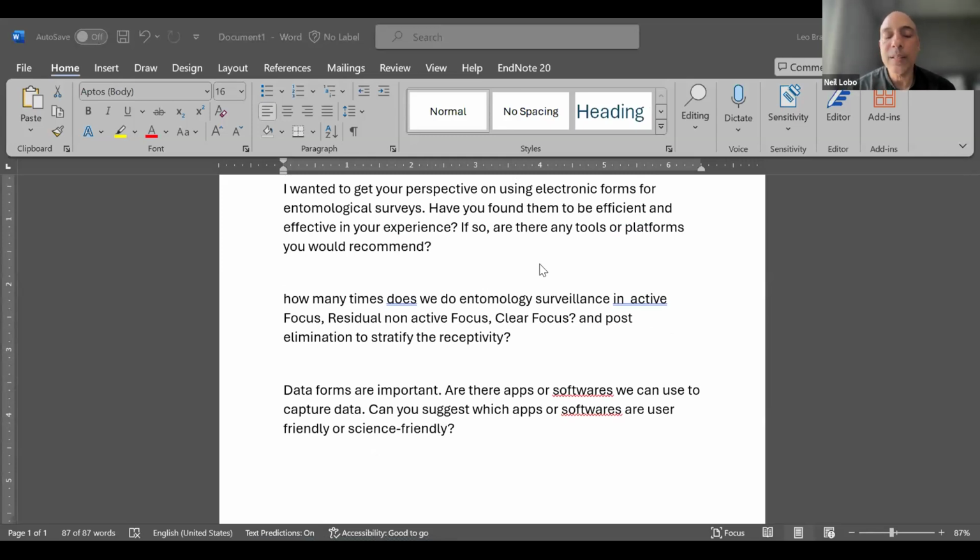So the answer to this is yes and no. It completely depends on where you're working and what is suitable for that site. Some sites are more open to using electronic data forms and some sites are not. We very effectively use electronic data forms in Kenya and Tanzania, but not so much in other countries.